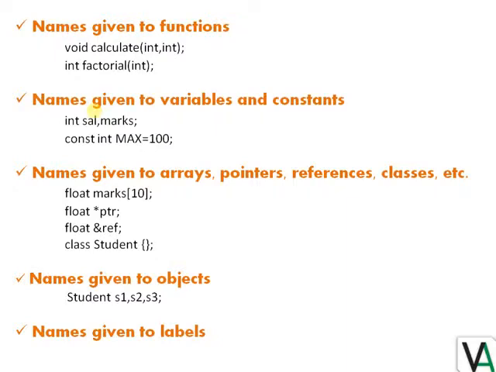While using the goto statement we are required to set a label, and the name we give to the label is also an identifier. Okay, so functions, user-defined or predefined, variables, constants, arrays, pointers, references, classes, objects, and labels: the names given to all these blocks and parts are called identifiers. Okay, next.